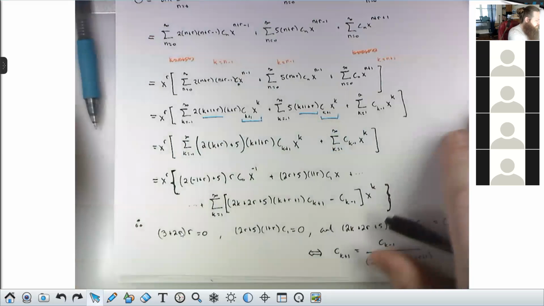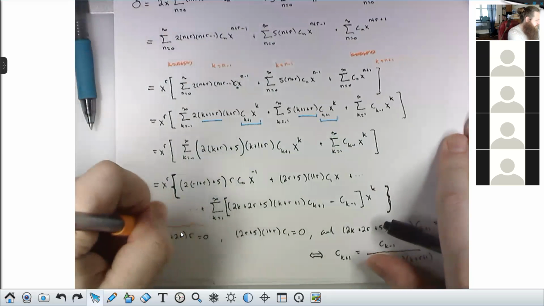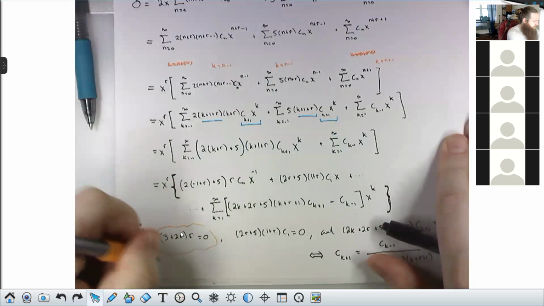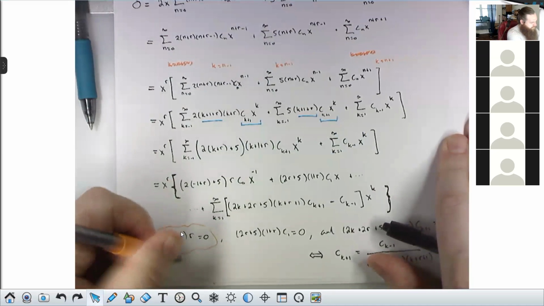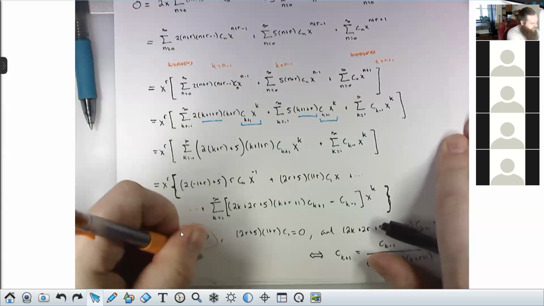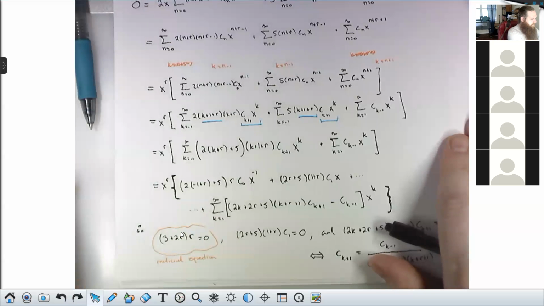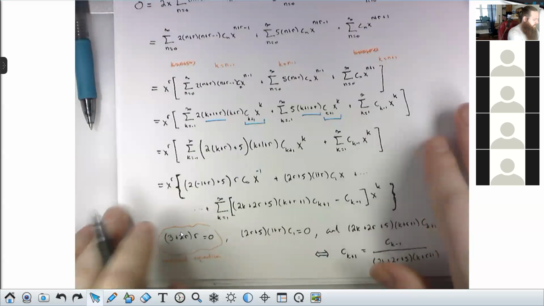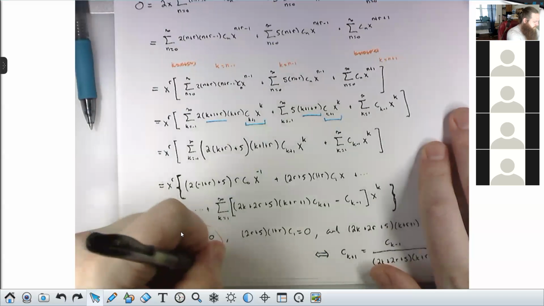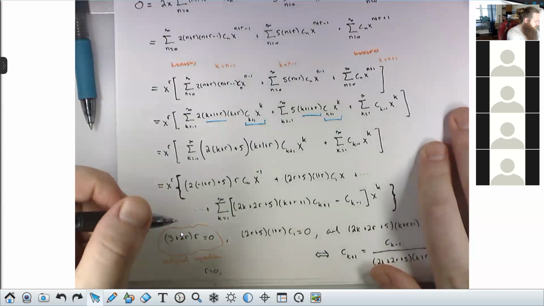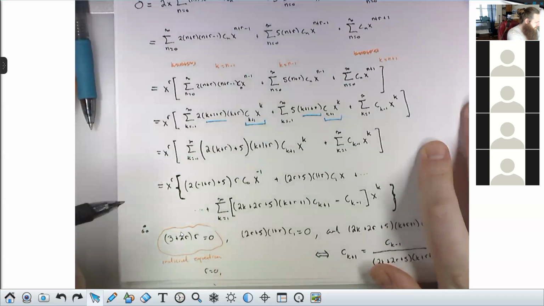So this is my initial equation. And from that, we get r equals 0 and r equals -3/2.